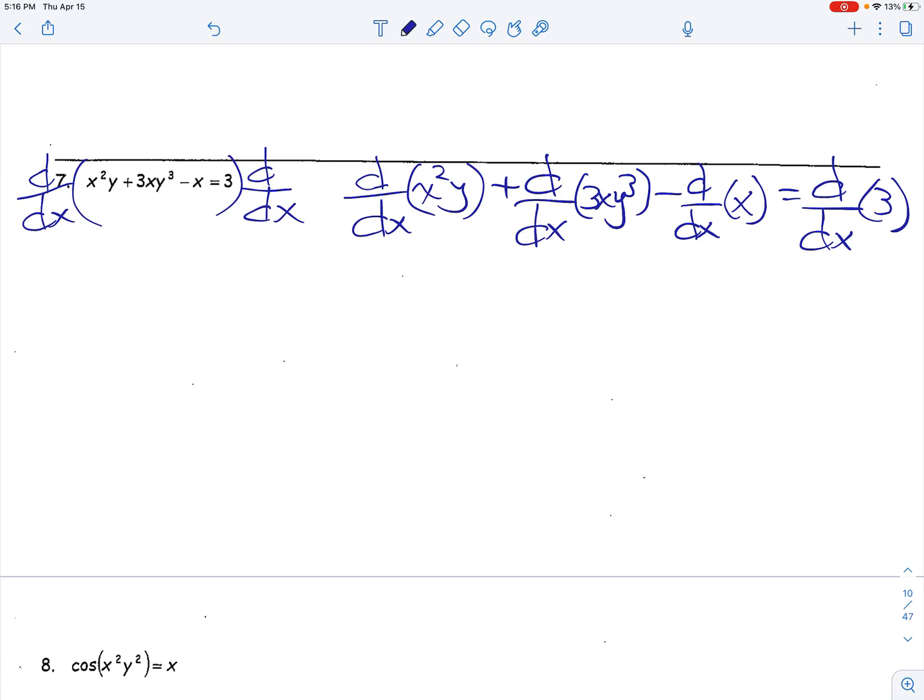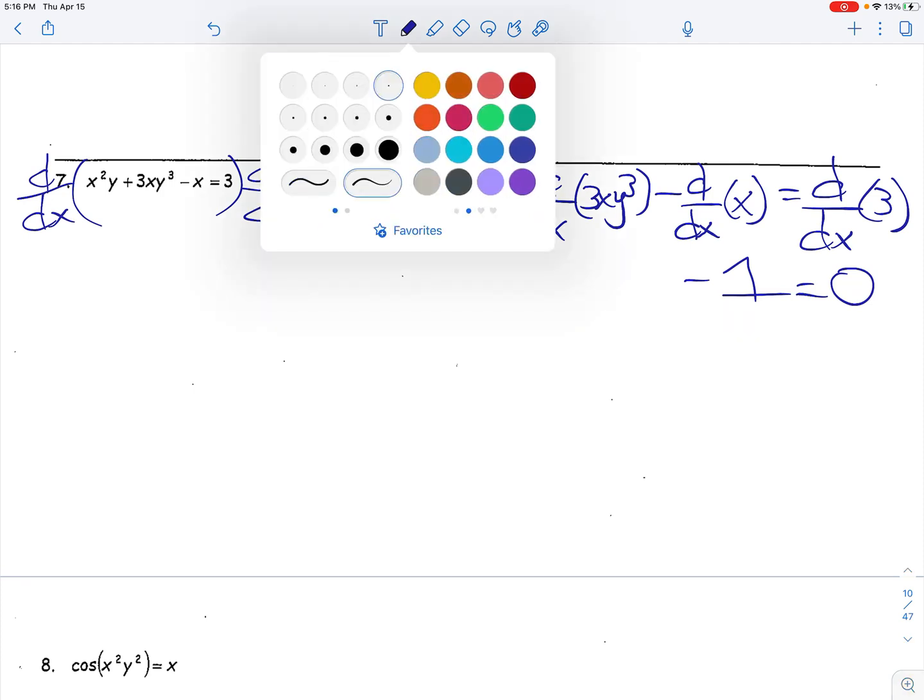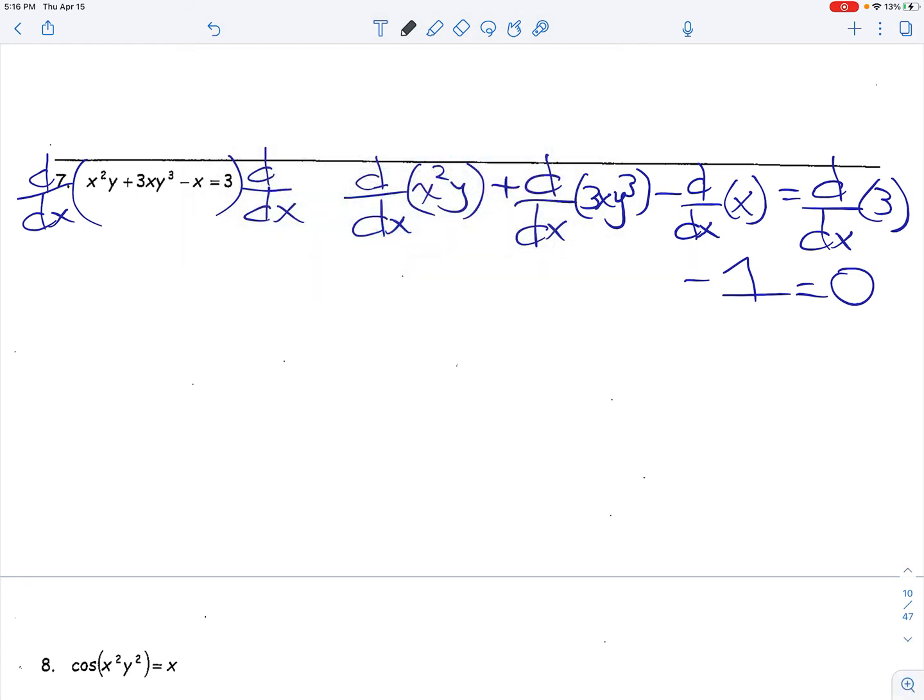All right, so the derivative of x is not bad, right? The derivative of 3 is not bad. We know that's 0. It's just the first two terms going to be a little annoying, right? In getting the derivative. Right, the derivative of 3 is 0, minus derivative of x, right? Minus 1.